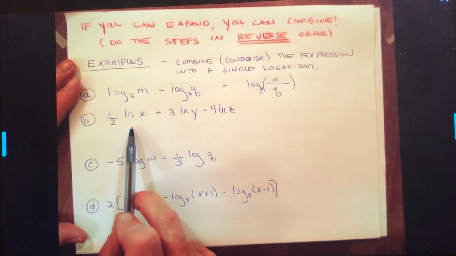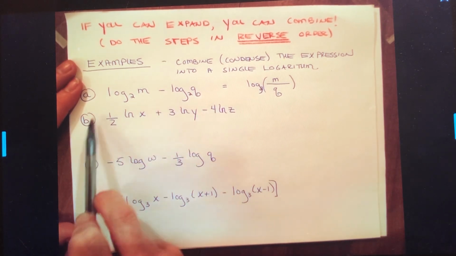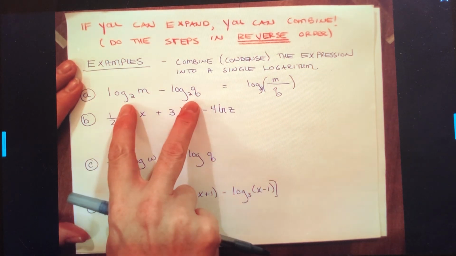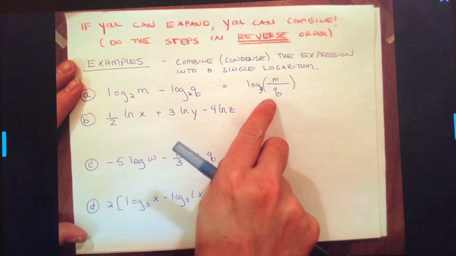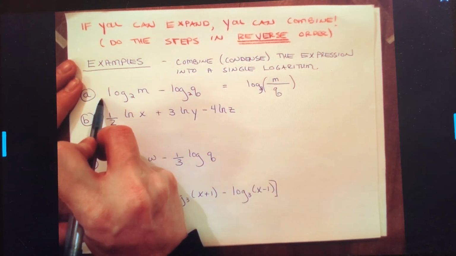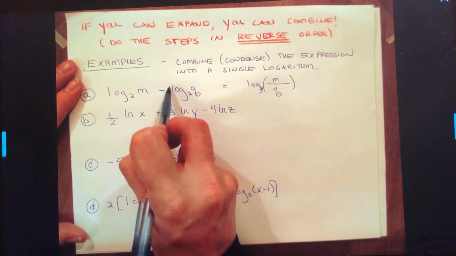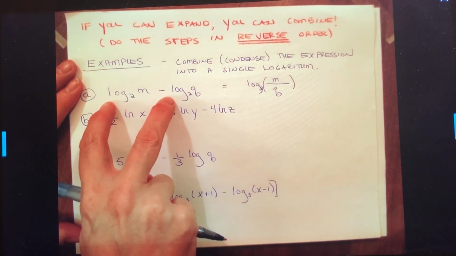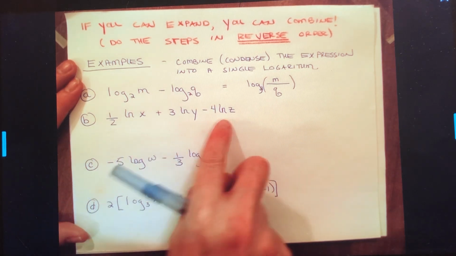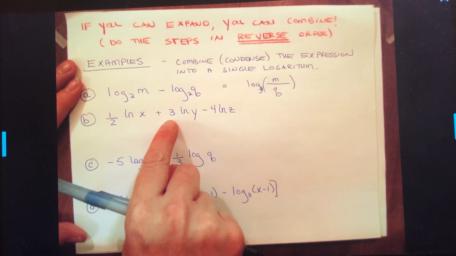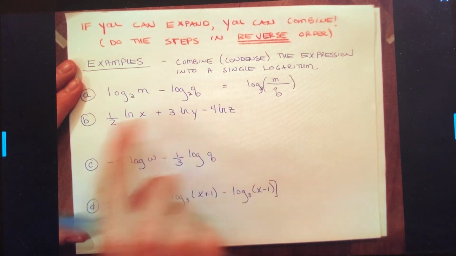The next one is a little bit more complicated, and what makes that the case is you are not allowed to take multiple logs and combine them into a single log unless you make sure that any coefficient written in front of that log is a plus or a minus 1. And when you get down here, you can see that's not the case. This has a 1/2 as a multiplier, this has a 3, this has a 4. That's not okay.